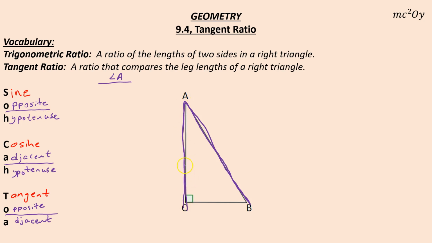So if I have A as my reference, what I want to do is to figure out which is my opposite and adjacent. I'm going to trace angle A. It's very easy to figure out the hypotenuse. The hypotenuse is always the longest side of the right triangle. But is AC my opposite or is BC my opposite? Well, the way we figure that out is we trace the angle we're dealing with. So in reference to angle A, BC is the opposite of A. Okay, it's the opposite of angle A.